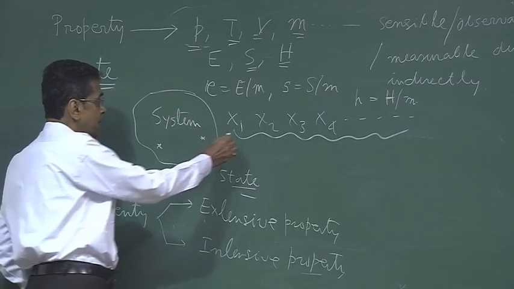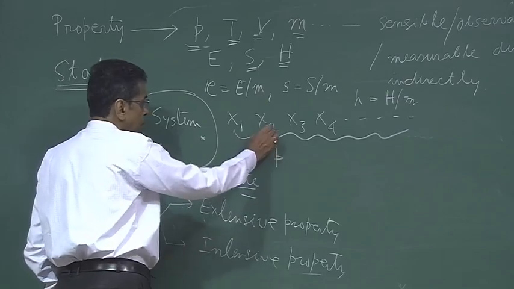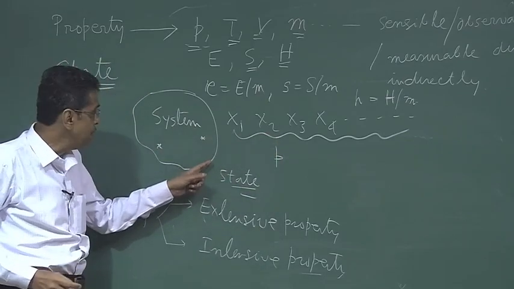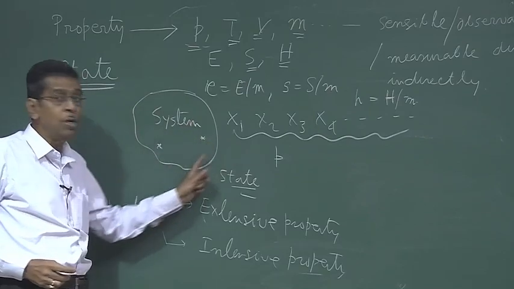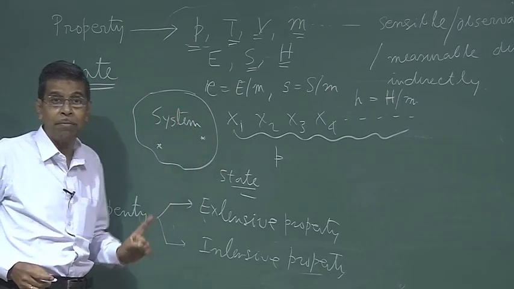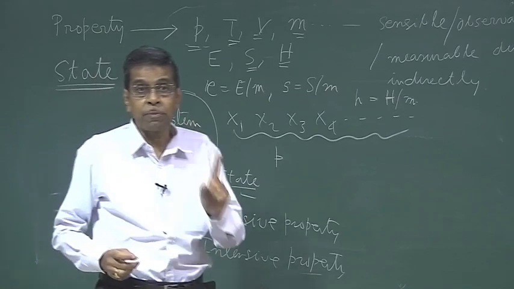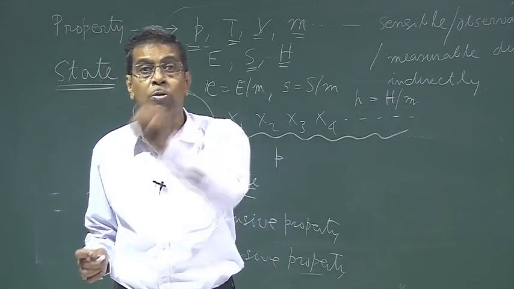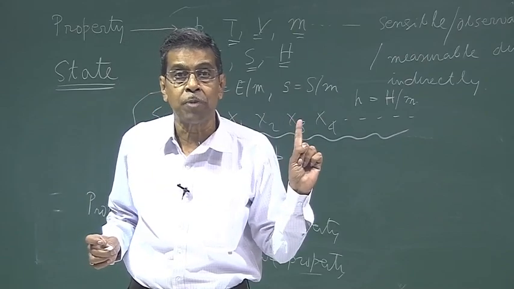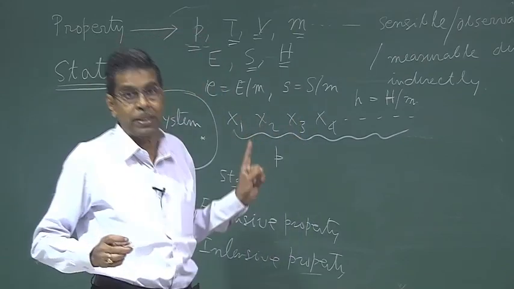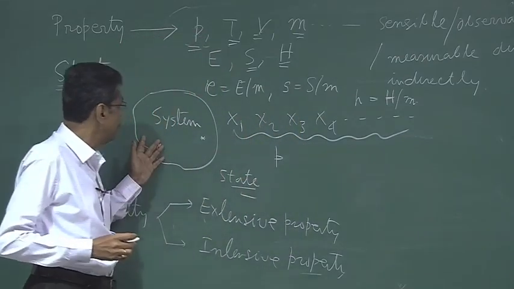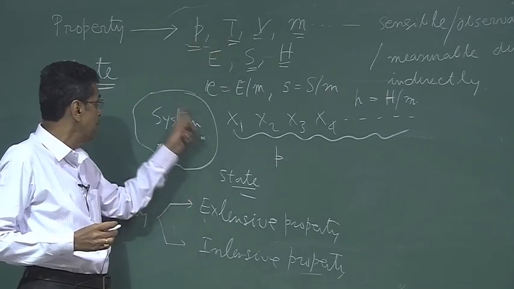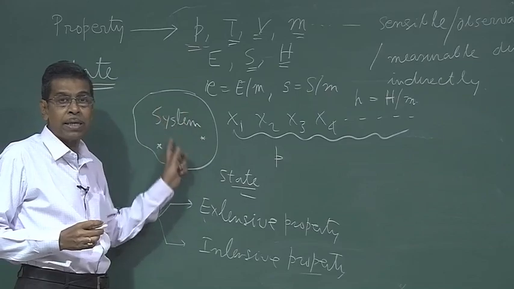For example, if one of the properties is pressure P, and we tell the system is at some pressure, that means pressure should be uniform throughout the system, so that the system can be specified by a single value of the property. That means the property should be uniform throughout the system if this is an intensive property, like pressure and temperature. For a system at a given state, we specify a single fixed value of pressure and temperature. That means there should not be any gradient of pressure and temperature.